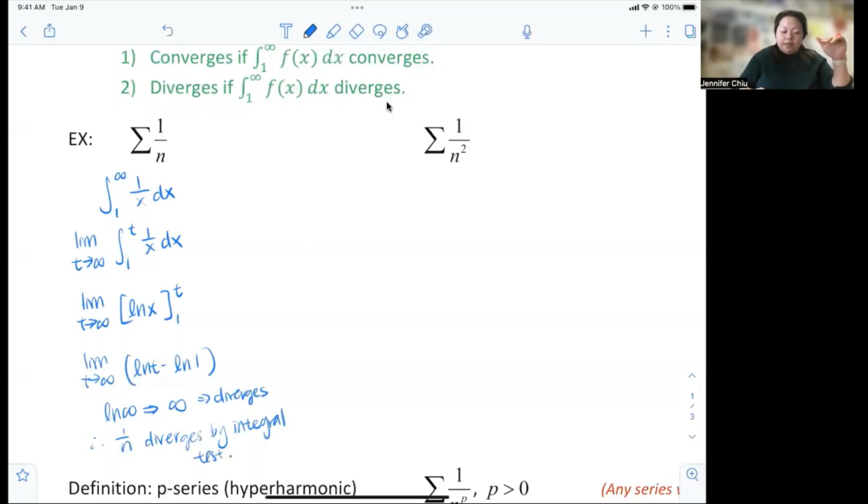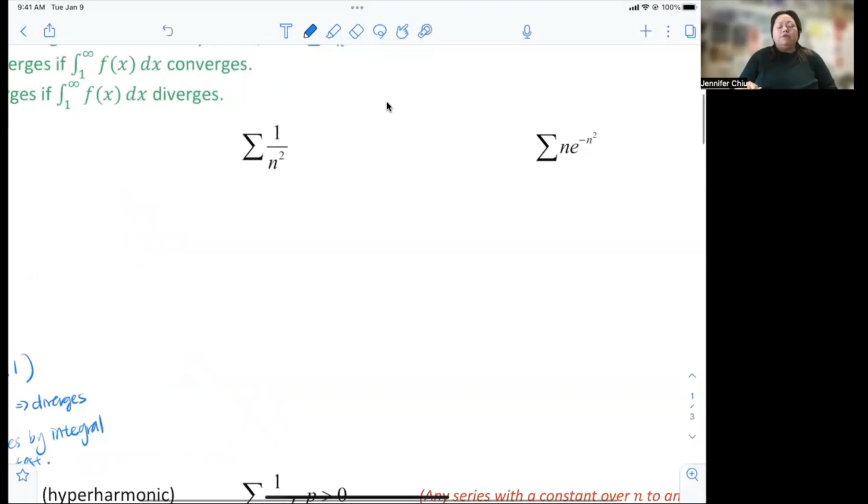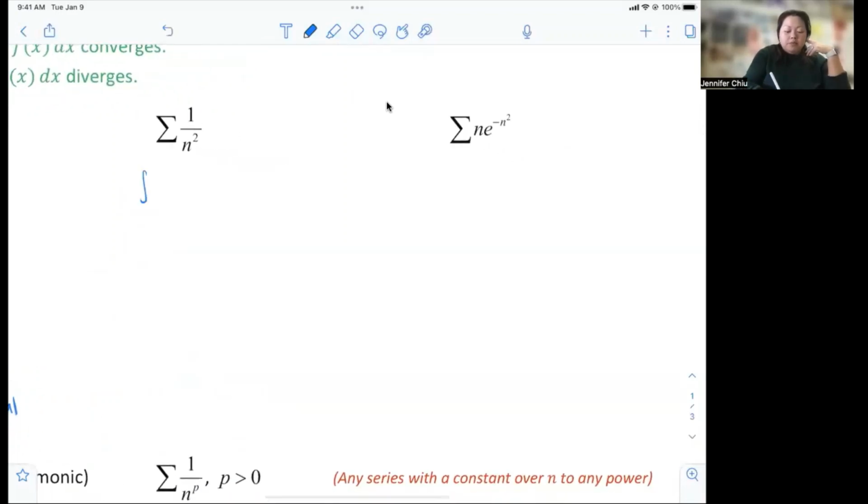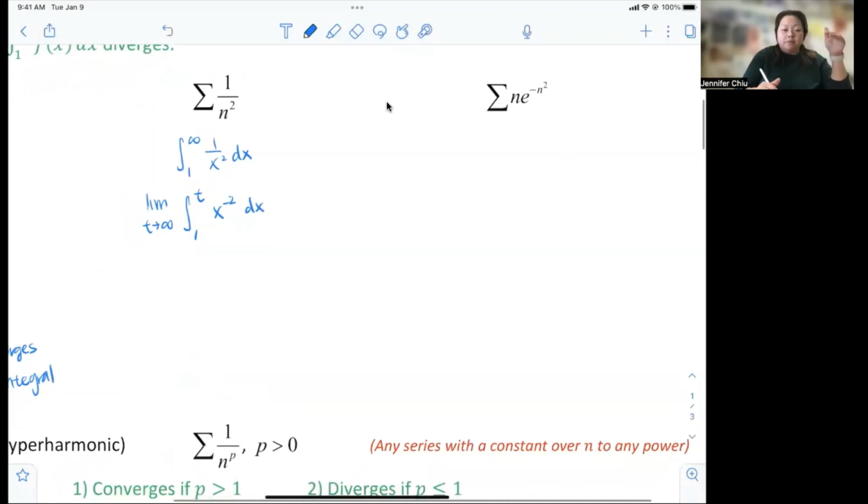Okay. All right. Second one, I believe in the previous lesson, we also mentioned briefly that this is going to be a convergent series. And now we're going to see why this is truly convergent. Same setup. We approach this as an improper integral, from 1 to infinity of 1 over x squared dx. Limit as t approaches infinity of the integral from 1 to t of x to the negative 2 dx, right? Rewriting as a power allows me to take the antiderivative a little bit easier.